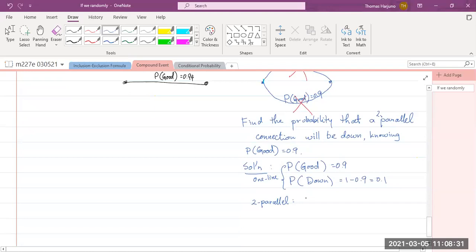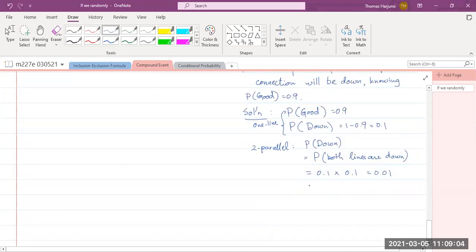What is the probability it's down? The probability that these two parallel lines are down is when both of them are down. The probability that both lines are down will be 0.1 times 0.1, that's 0.01.